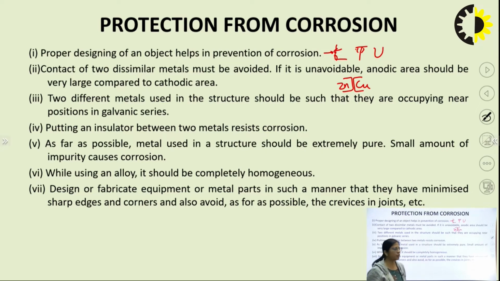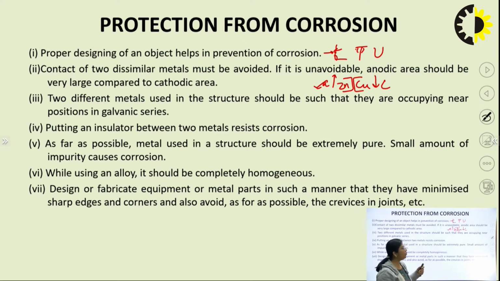The metal which is higher in the galvanic series starts behaving as anode, and the metal which is lower starts behaving as cathode. And we all know that corrosion always takes place at the anode, as a result of which our zinc metal is going to get corroded, whereas our copper is going to get protected.